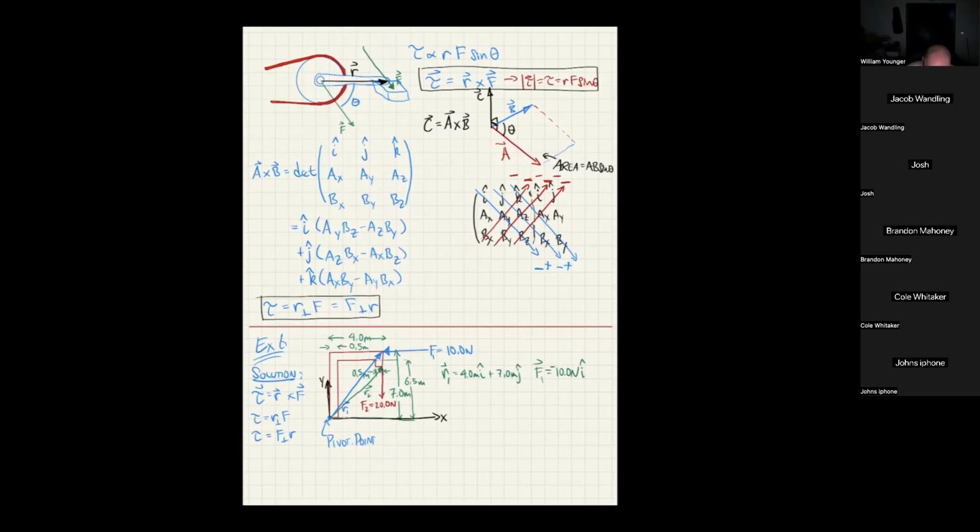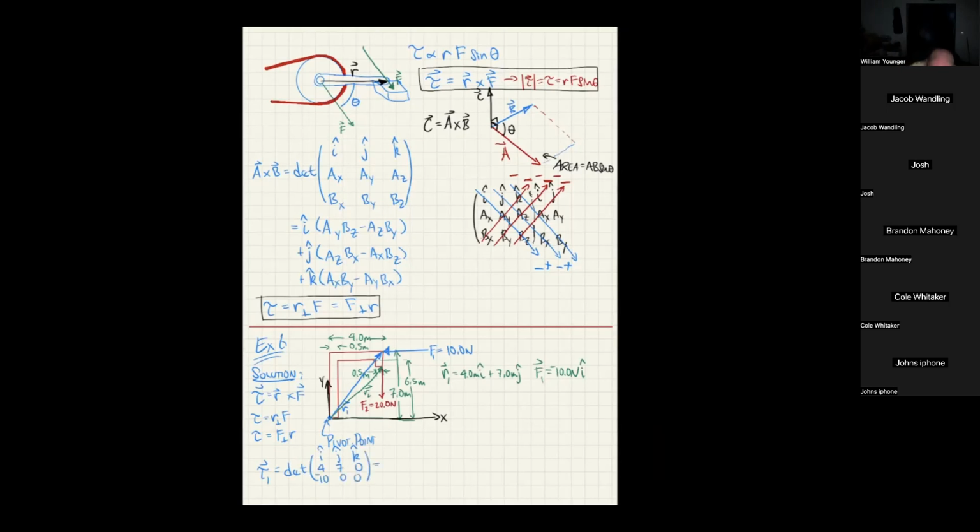Okay, so I can go ahead and do the calculation with the cross product, and the way I do that is torque 1 is equal to the determinant of that ugly beast I hat, J hat, K hat, and then of course I'm going to say 4, 7, 0, and then I'm going to say 10 with a negative sign, 0, 0.